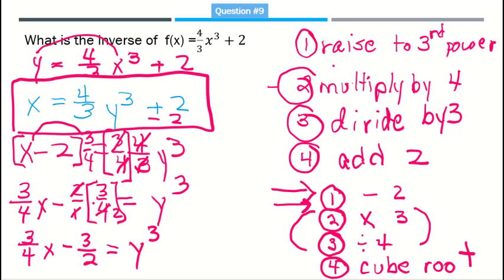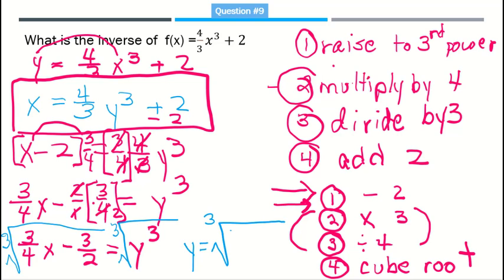And then our last step, you can see, to solve for y is to take the cube root of both sides. And then you're left with y equals the cube root of 3/4 x minus 3/2.